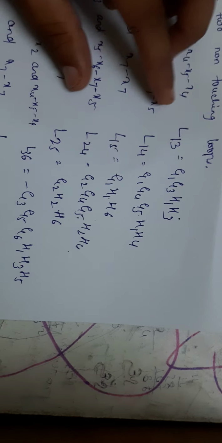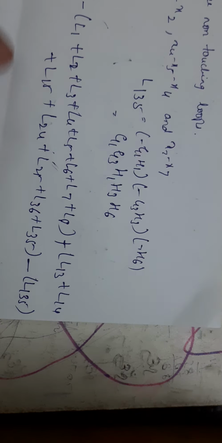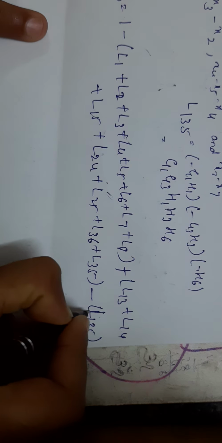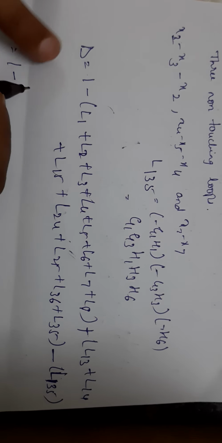Okay, how many 2 non-touching loops are there? We have to write all the things. Okay, minus, what is L135, the 3 non-touching loop, that is minus L135. Okay, we have to write this one.